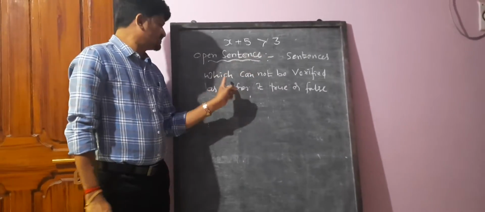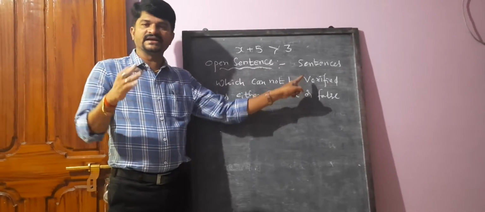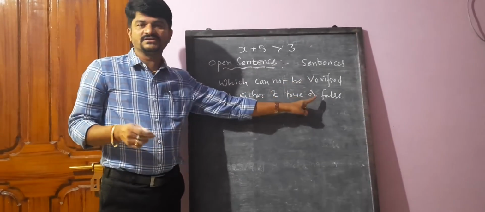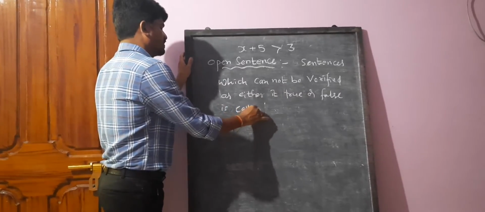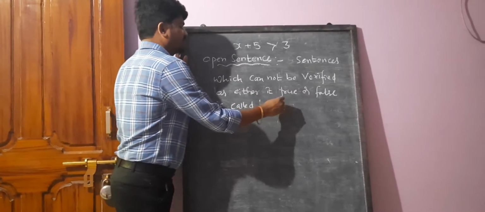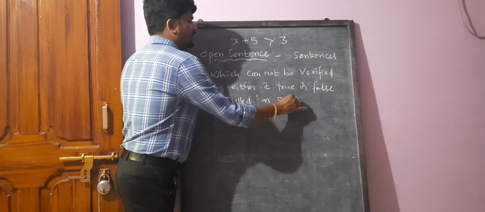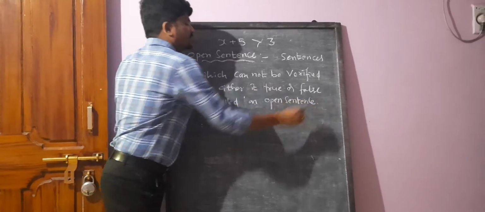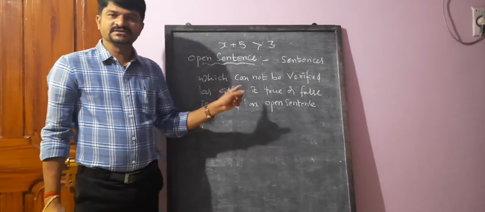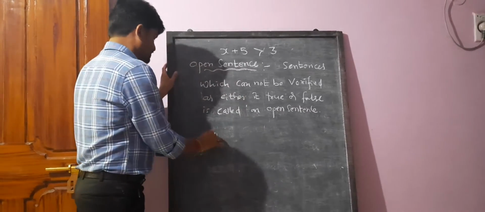The sentences which cannot be verified as either true or false are called open sentences. Clear, children?